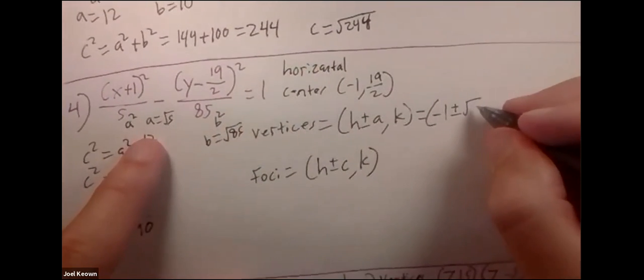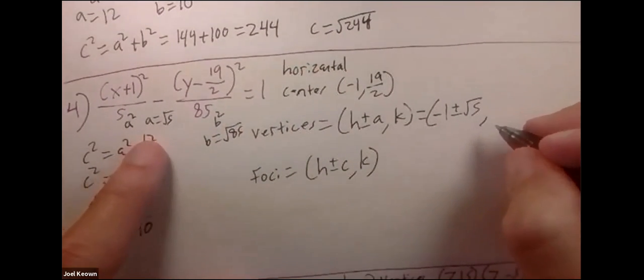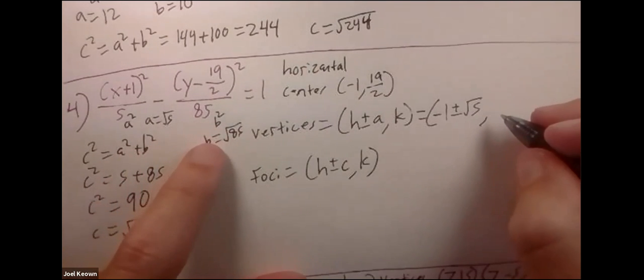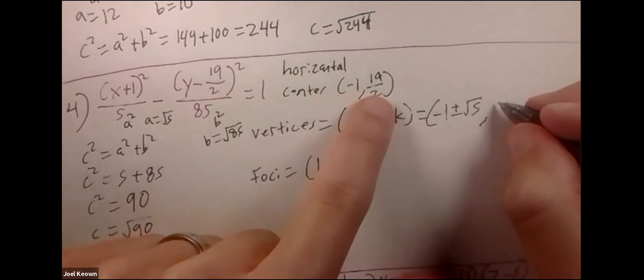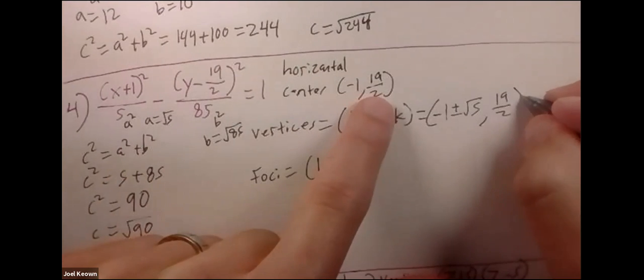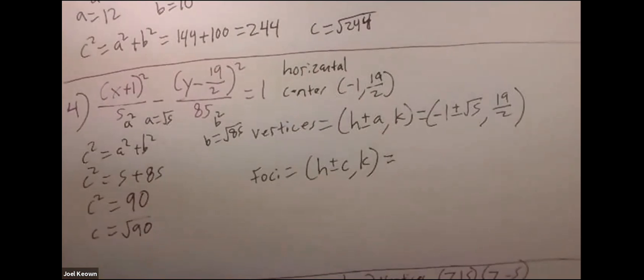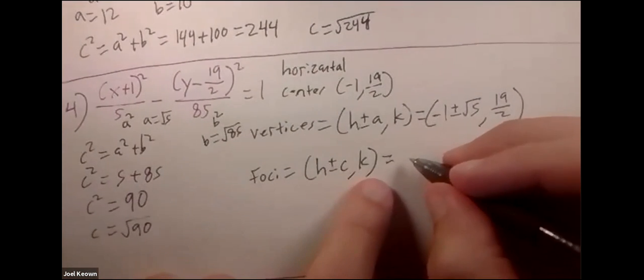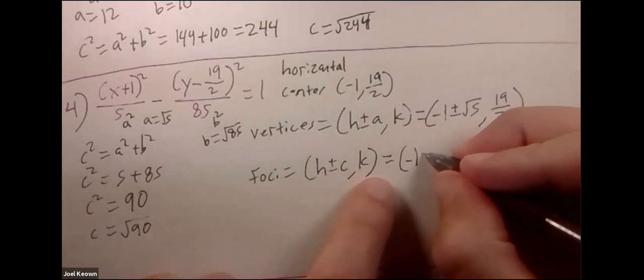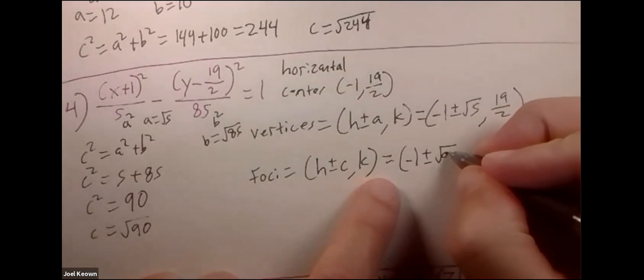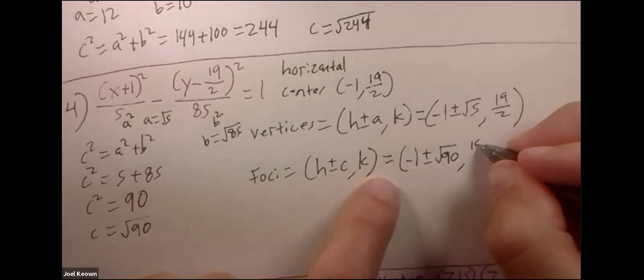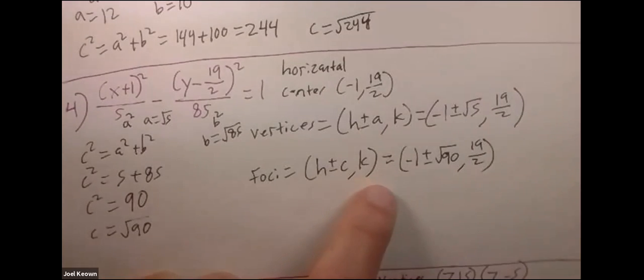So negative 1 plus or minus square root of 5, comma, 19 over 2. And then for foci, it's the same thing: negative 1 plus or minus square root of 90, comma, 19 over 2.